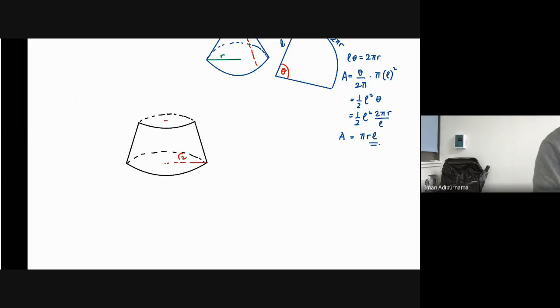Let's say this is R2, this is R1, and let's say this is L, this slant side here.